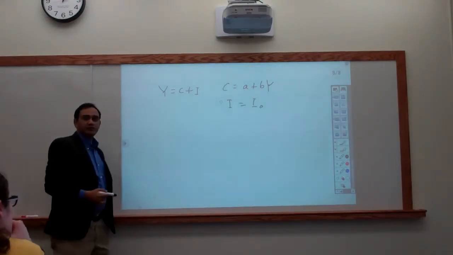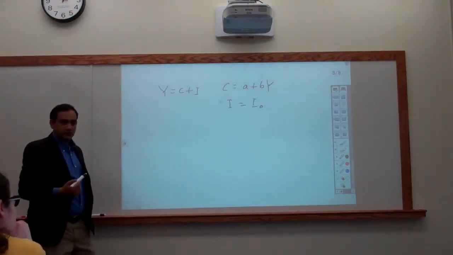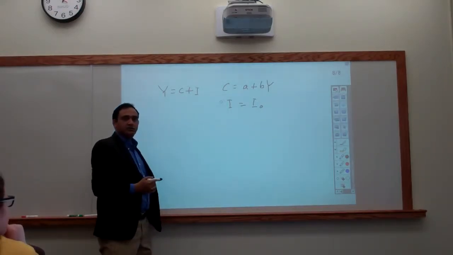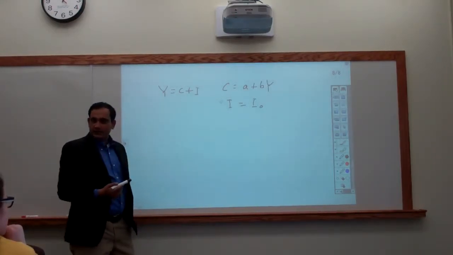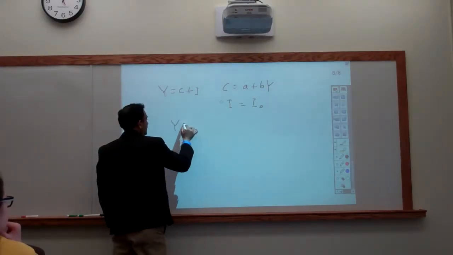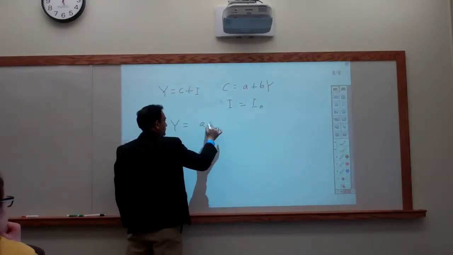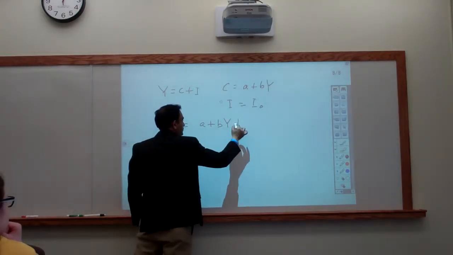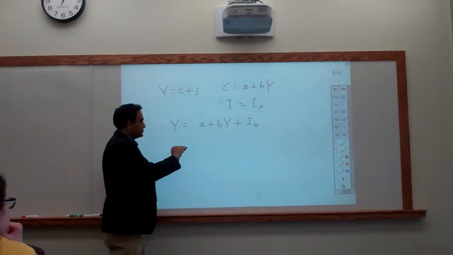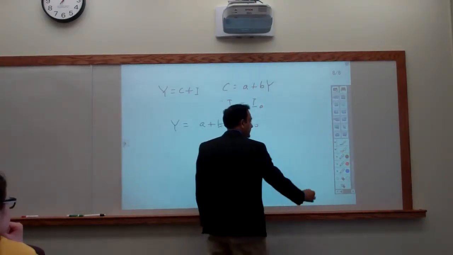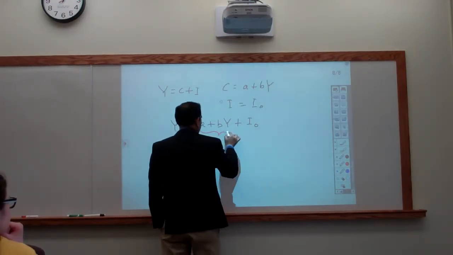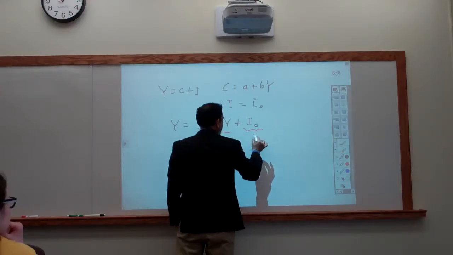Aggregate output equals the planned aggregate expenditure. So let's substitute C and I in this equilibrium condition. If I do that, I get Y equals A plus B times Y plus investment, which is equal to I0. So I've just substituted the values of C and I in the equilibrium condition. So this is your C and this is your I.